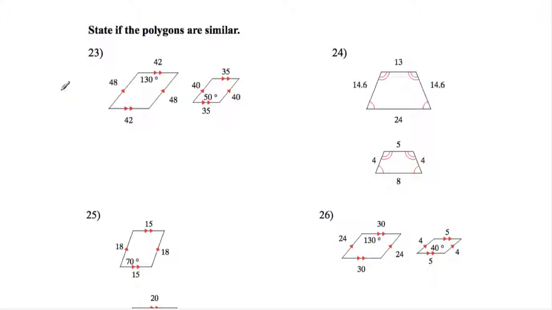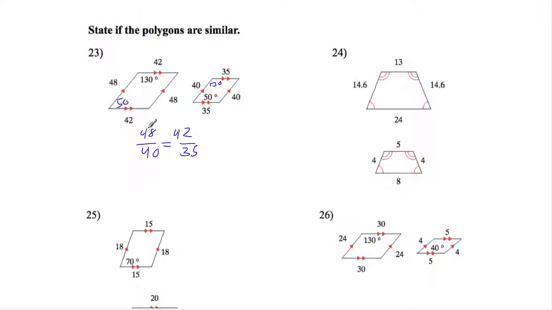And here, we want to state if these are similar or not. Well, we can see that if this is 50 and this is 50, remember in parallelograms, consecutive angles are supplementary, so that's going to be 130, and that means that this is going to be 50. So we can see that the angles are all congruent, but are the sides proportional? Well, 48 to 40 must be equal to 42 to 35.